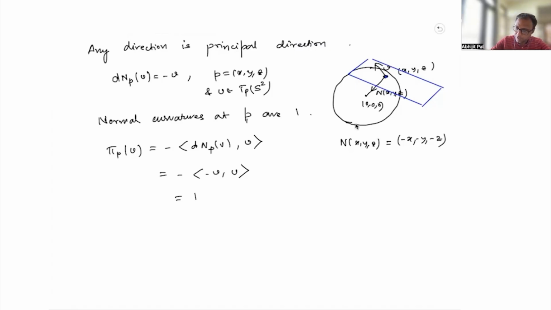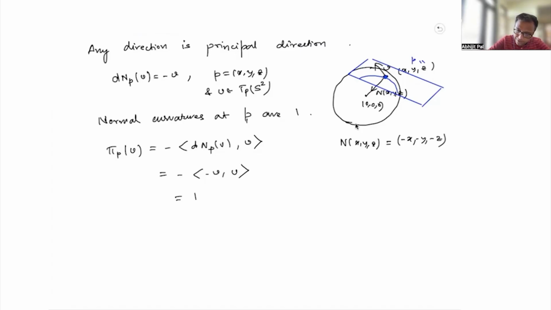Okay. So therefore, if I take any curve in the sphere passing through this point P equal to (x, y, z), this curve bends towards the normal.